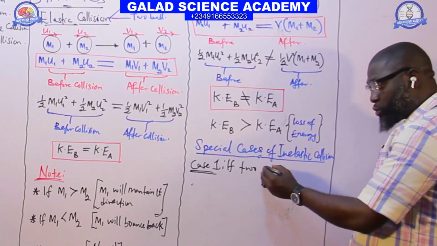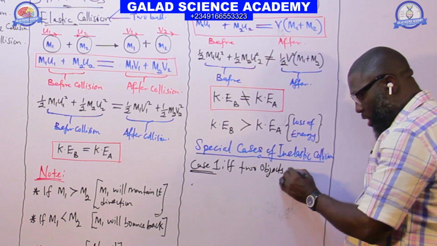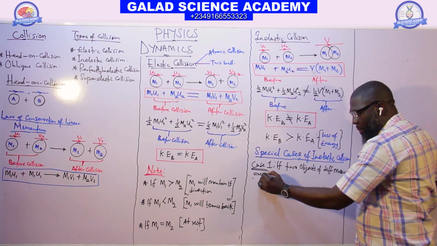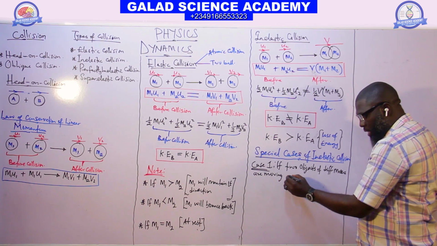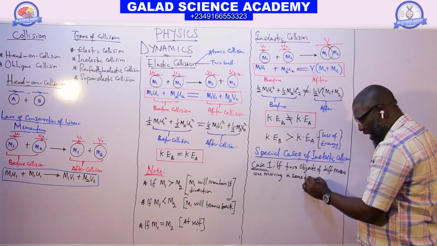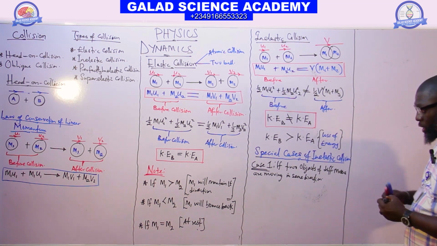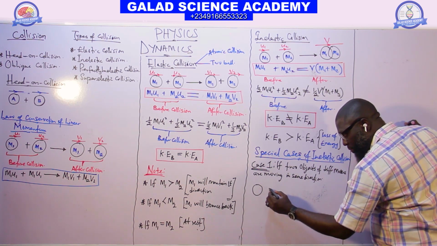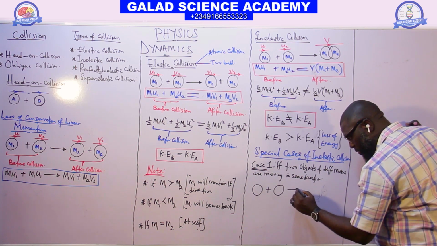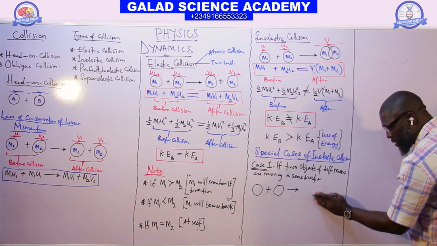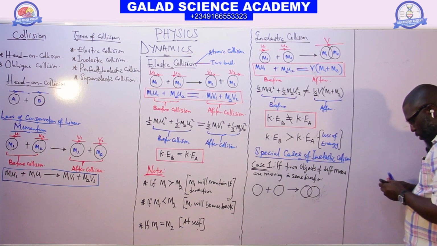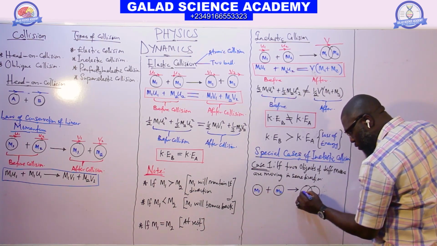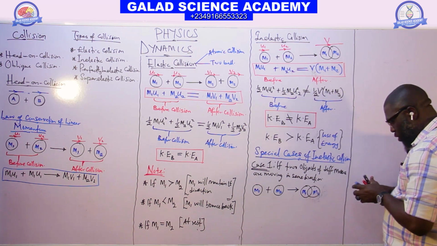Case one: if two objects of different mass are moving in the same direction with different velocities, and this is the colliding object after collision, we have m1 and m2, but they will stick together.